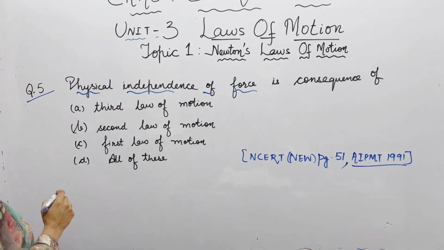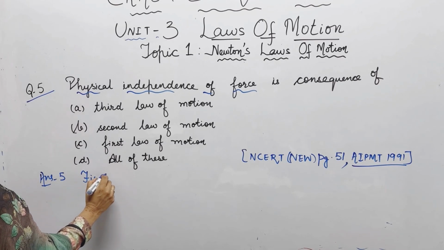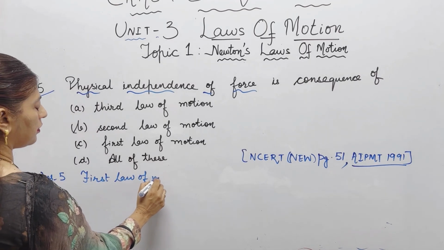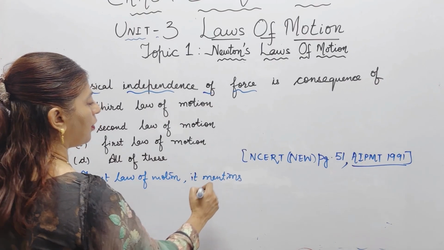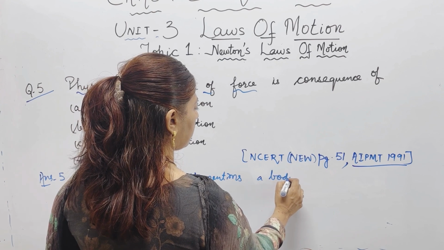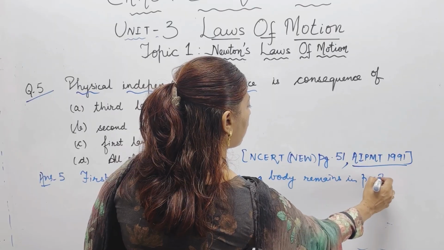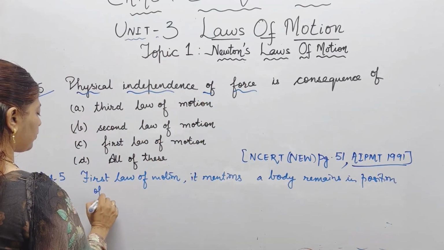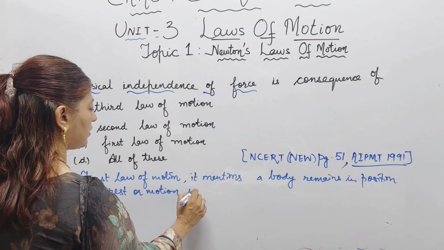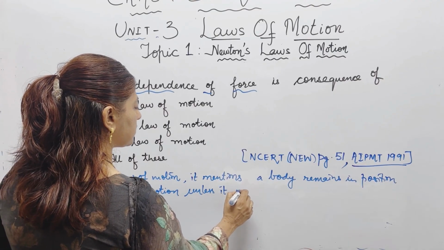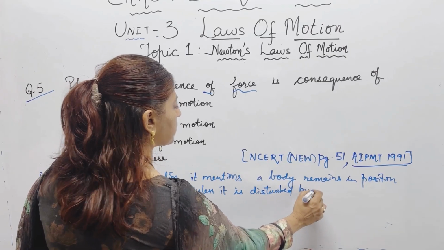Based on that, this question has been asked, where we are talking here about the physical independence of force. The solution for this fifth: the first law of motion mentions a body remains in position of rest or motion unless it is disturbed by external force.